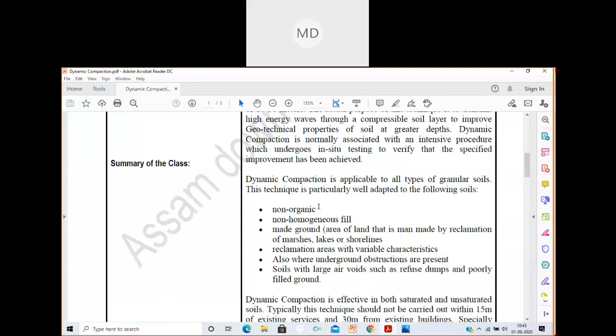Dynamic compaction is applicable to all types of granular soils.